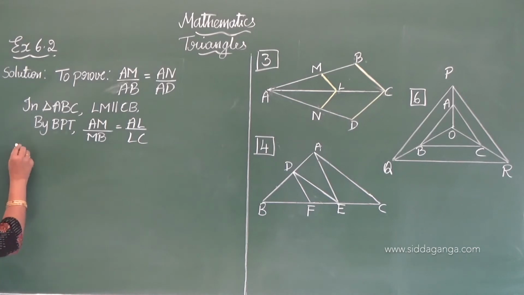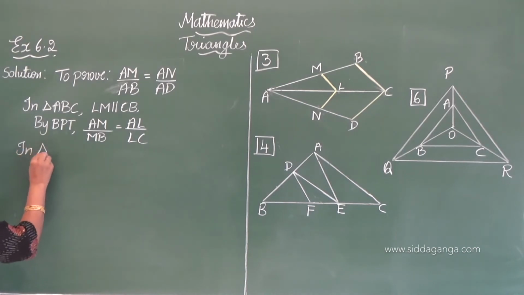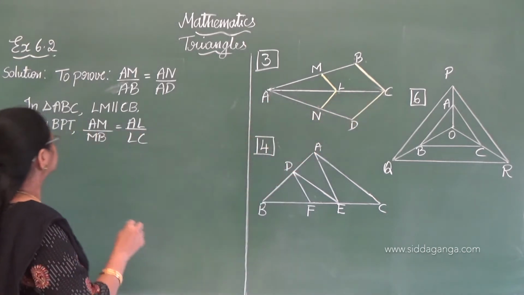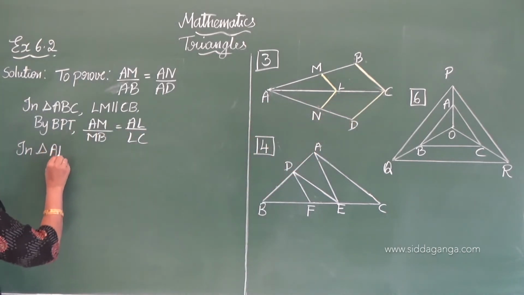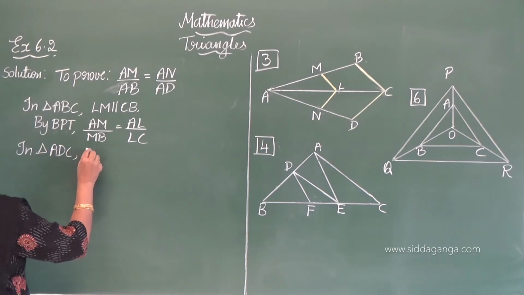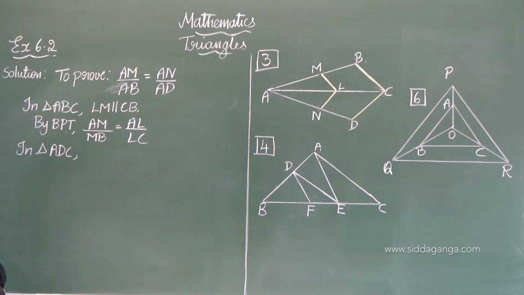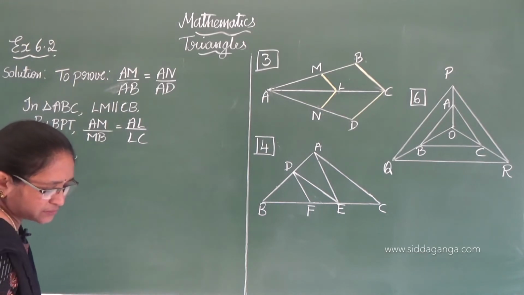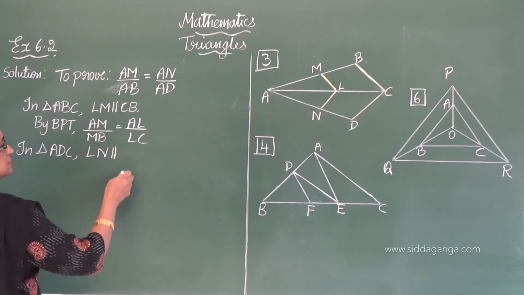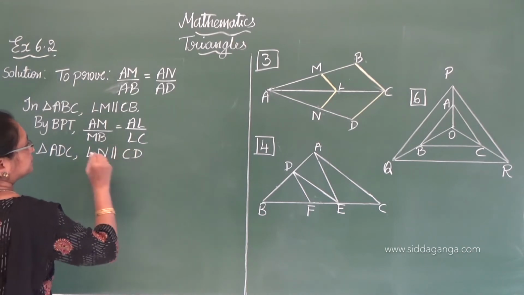Next, again in another triangle, in triangle ADC, here also they have given that LN is parallel to CD.